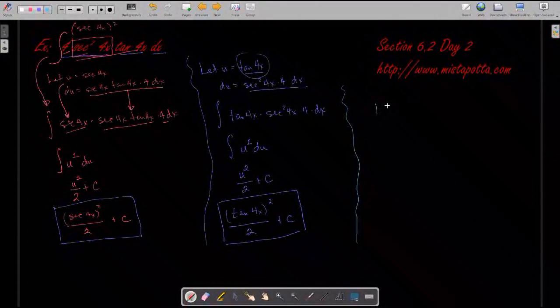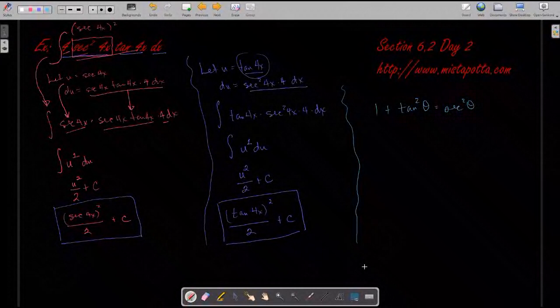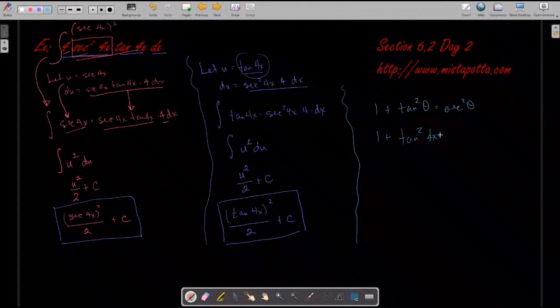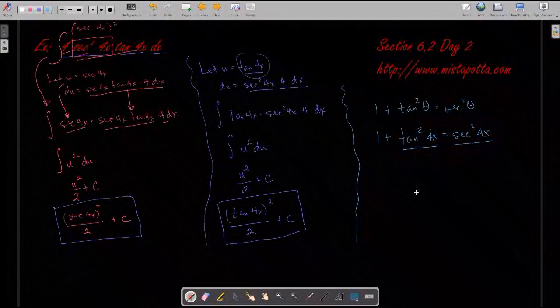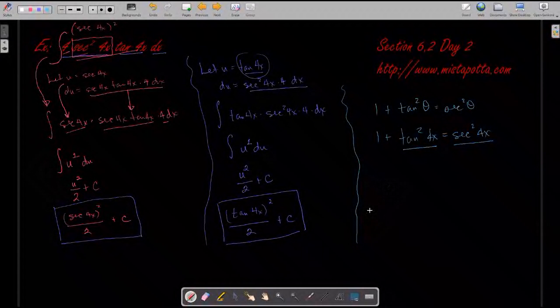I know that 1 plus the tangent squared of theta equals the secant squared of theta. And so for this very reason, I could say that 1 plus the tangent squared of 4x would be equal to the secant squared of 4x. In other words, these two terms, tangent squared of 4x and secant squared of 4x, differ by 1.